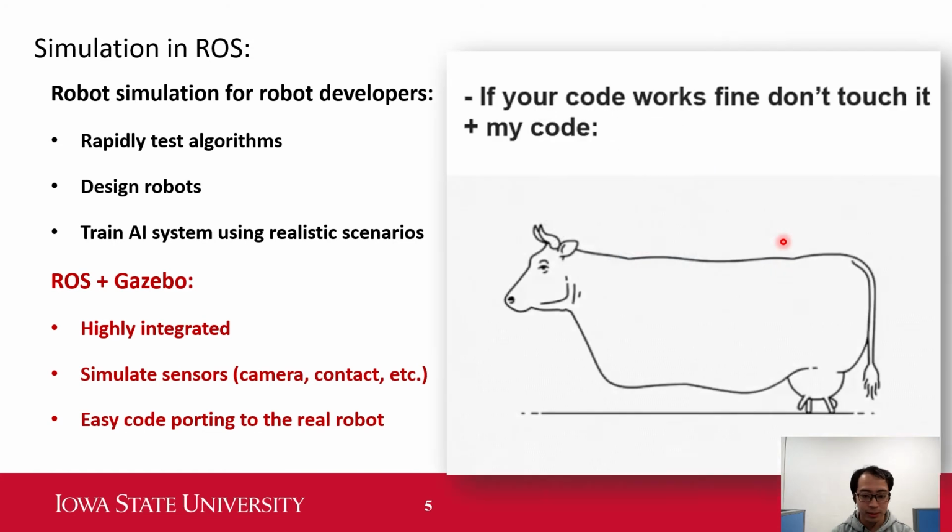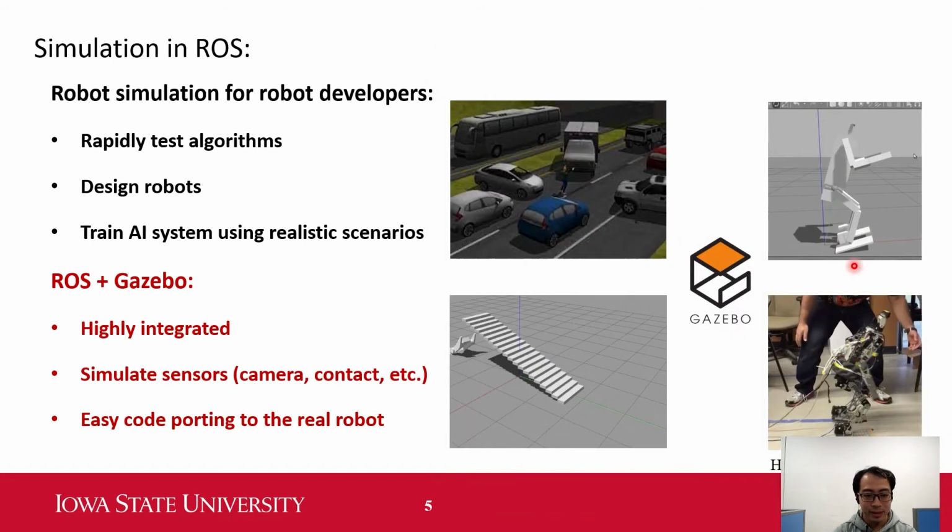Sometimes the code works just fine for one scenario, like this one, but we need to test it in different scenarios to make it more stable and robust. Gazebo is the most popular tool, and we can try different scenarios before porting the code onto the real robot.